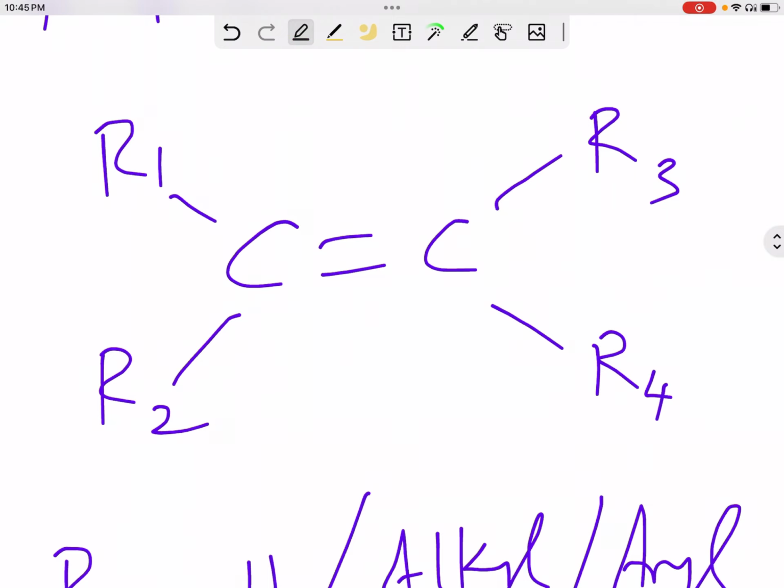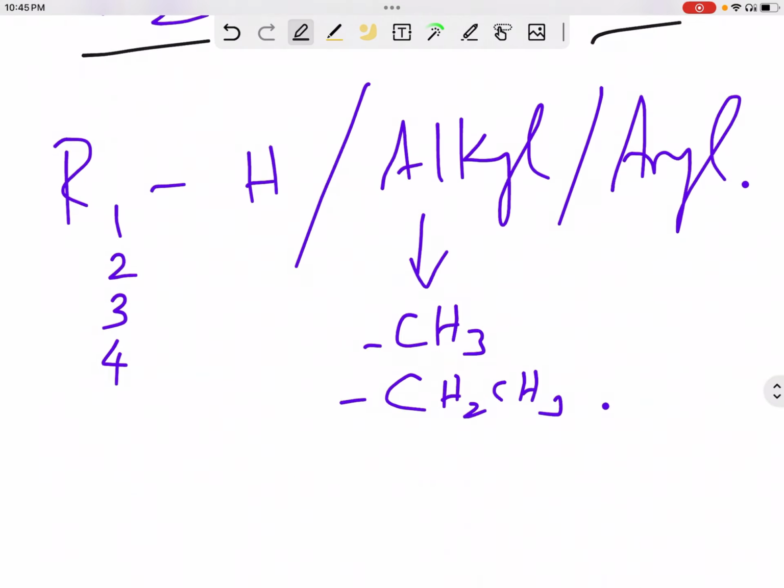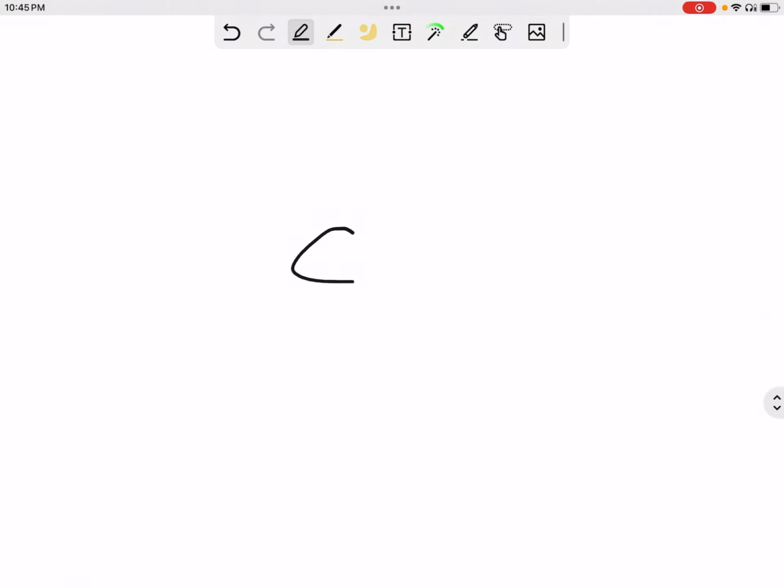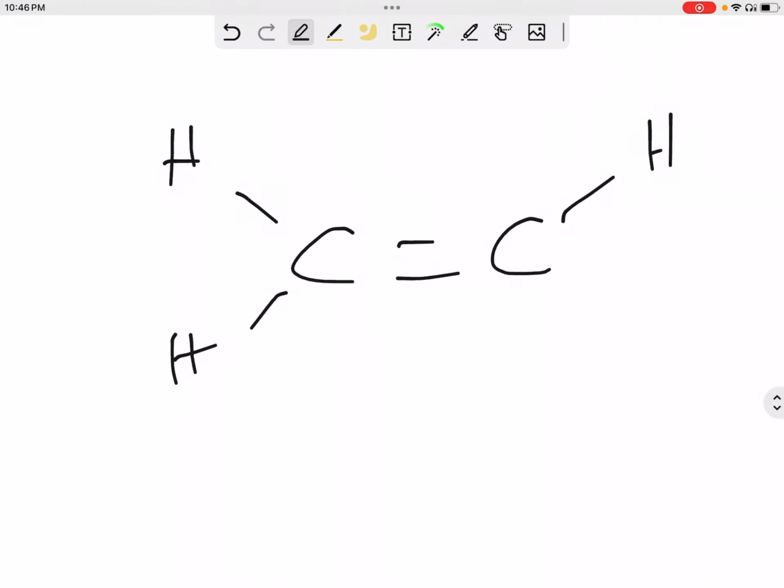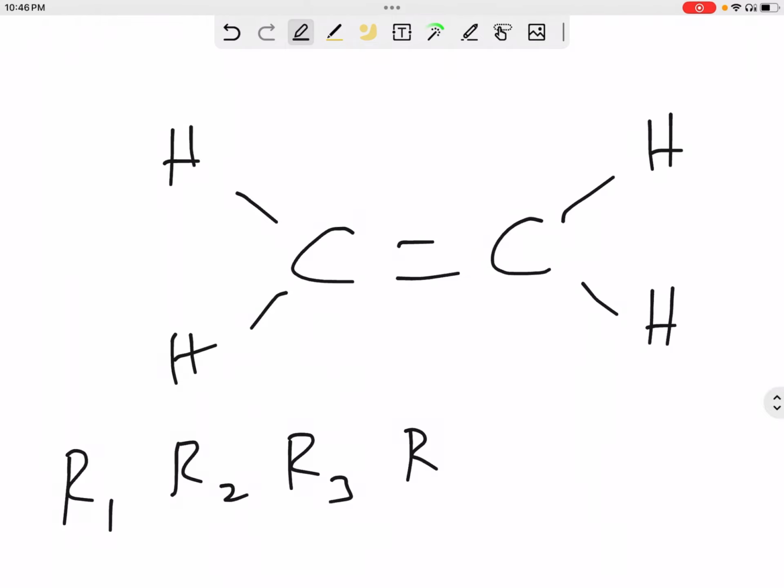Initially, we'll consider all the R groups as hydrogen, so R1, R2, R3, and R4 are hydrogen.